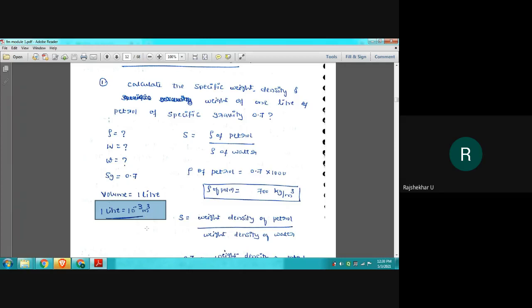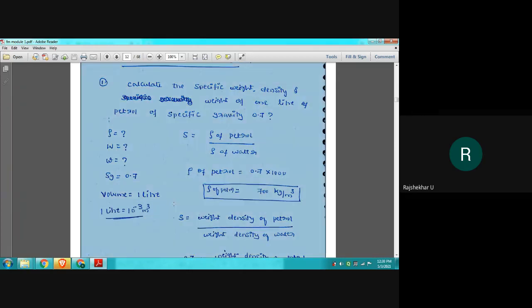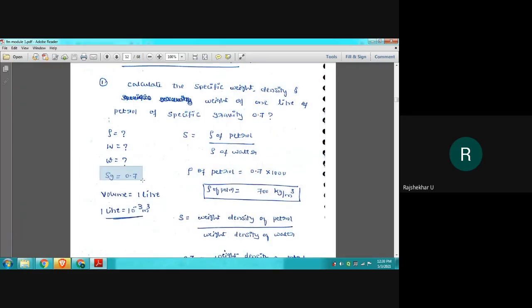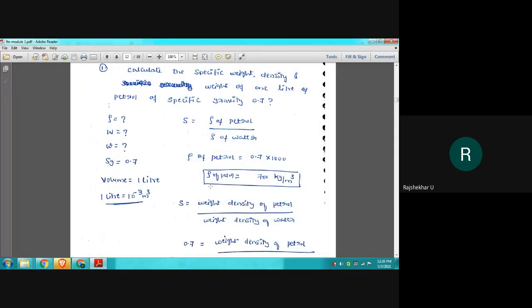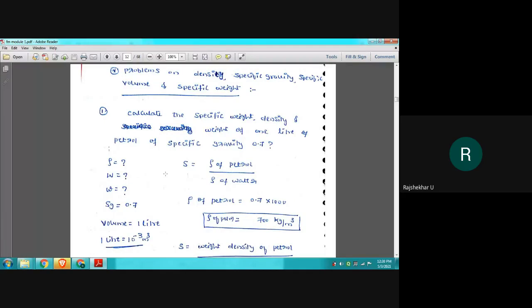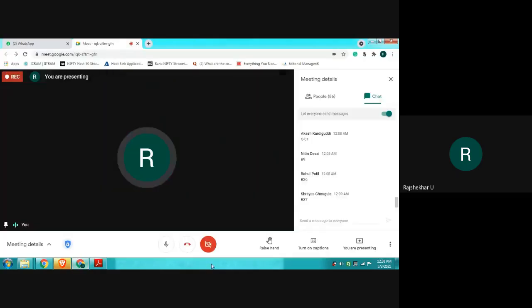So the volume of the petrol is given and the specific gravity of the petrol is given. Can anybody tell me what is the specific gravity definition? Specific gravity means density of the given liquid divided by density of the standard liquid.